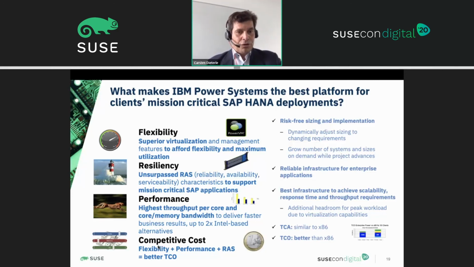And I do not want to mention that, but when you count all together, it's a myth that in the market Power Systems is always expensive. That's not true. Flexibility, performance, RAS features, all that provides a very good TCO and takes care that your applications are always running with high performance and high availability.